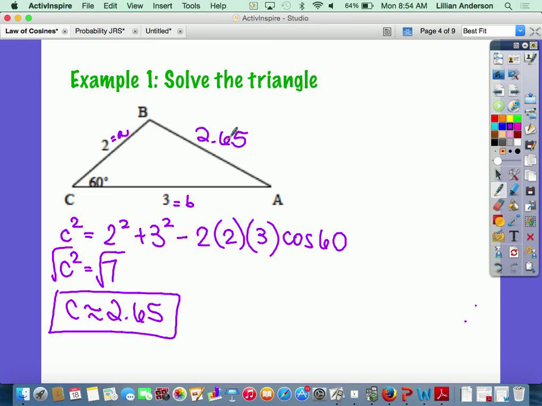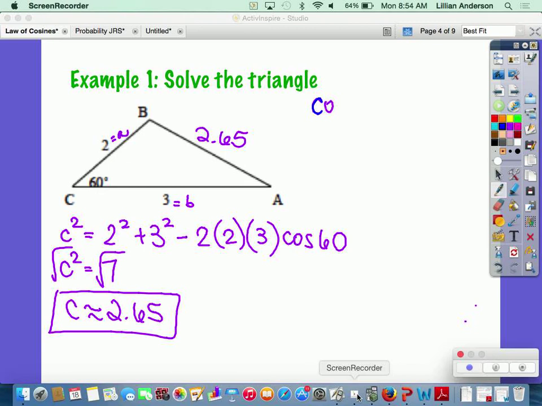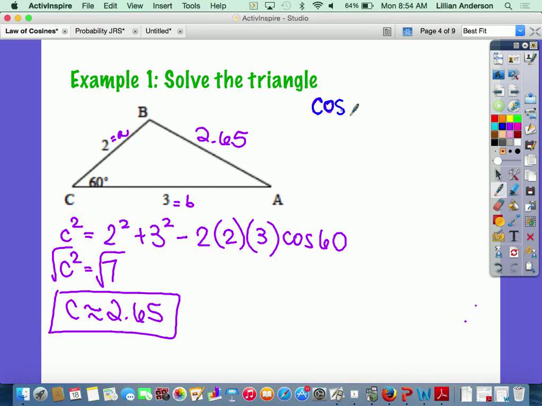So now, we've got our angles left. Which angle do you want to solve for? A. Doesn't really matter if we do A or B. So, to find the angle, we would need to use the alternate form, which says cosine of angle A equals what?